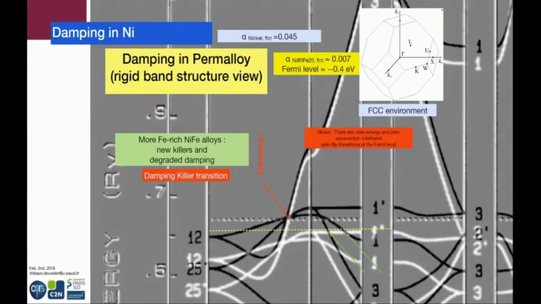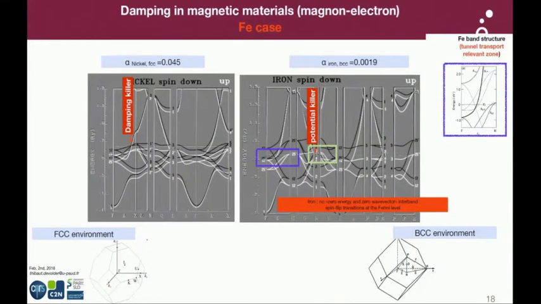Of course, this picture makes a very crude approximation, rigid band, and assumes that the exchange splitting doesn't vary with the composition, so it's only qualitative. But I want you to remember that most of the difference between nickel and iron doesn't come from a difference in spin orbit, they are approximately the same. The difference comes from the details of the band structure.